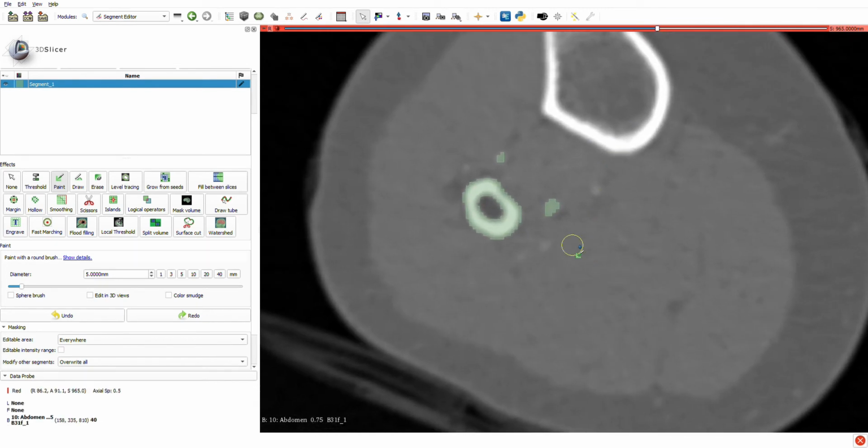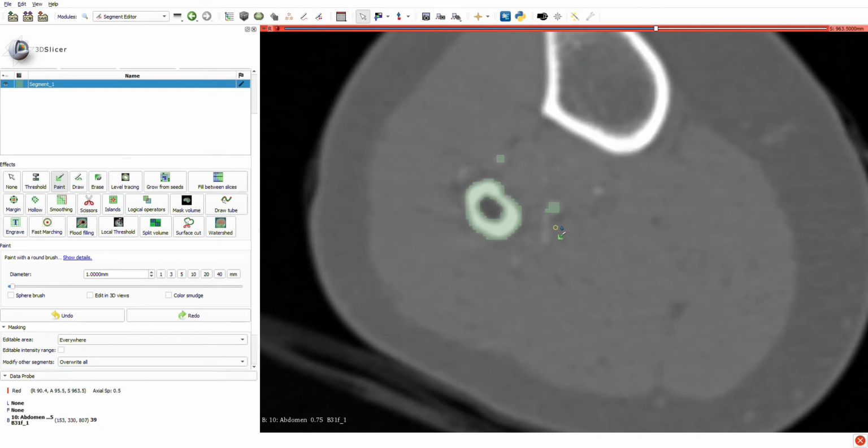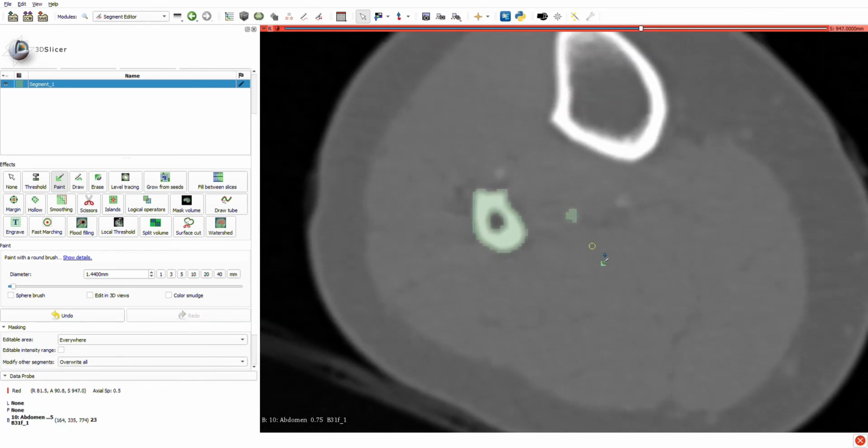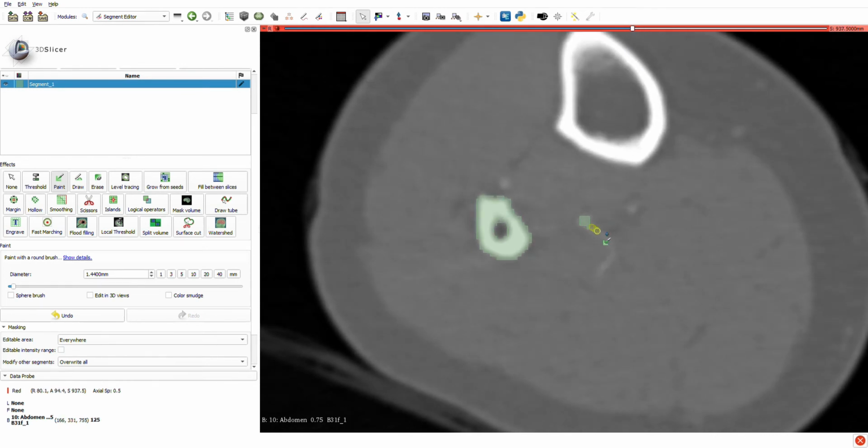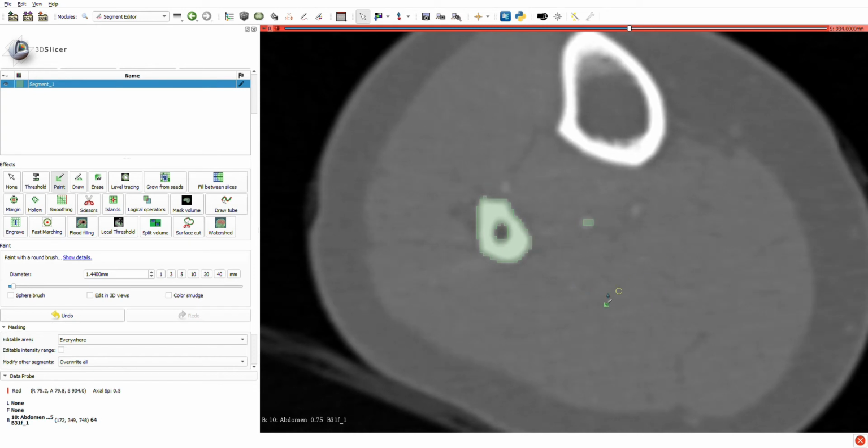I will segment it anyway, just so we can discuss it. Of course, you can adjust the window for better visualization.